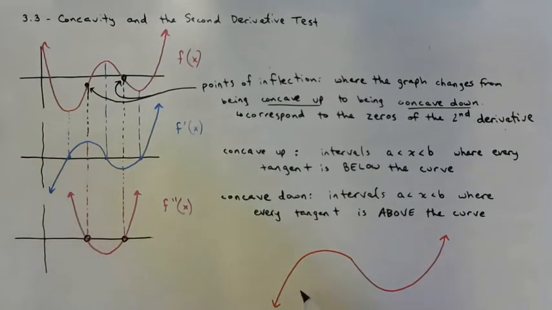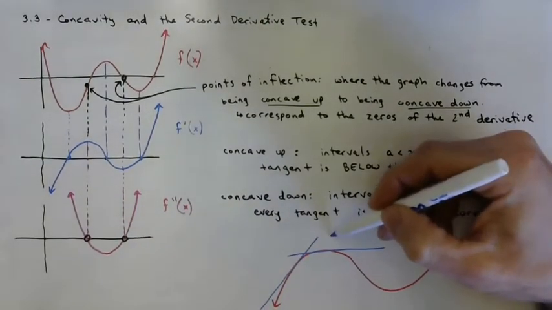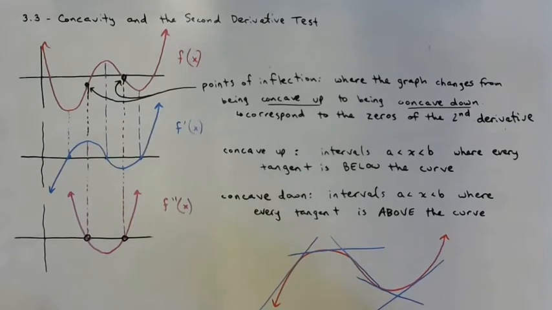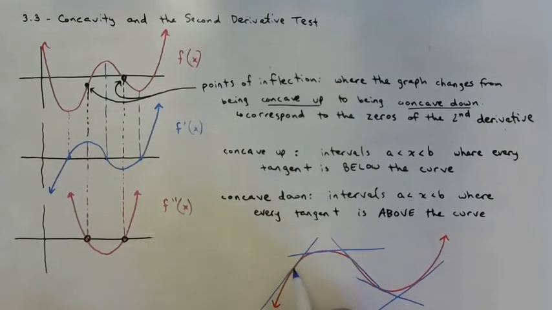And if I were to draw a whole bunch of tangents along this curve, maybe a tangent here, tangent here, tangent there, and then maybe a tangent here, and tangent here. Okay, good enough. Tangent point, tangent point, tangent point, tangent point, tangent point.